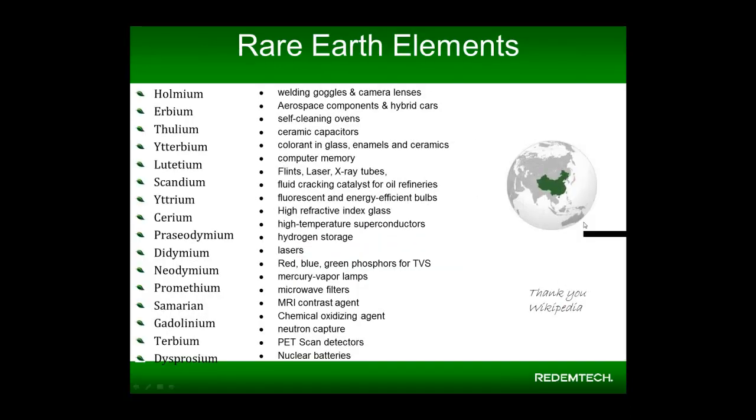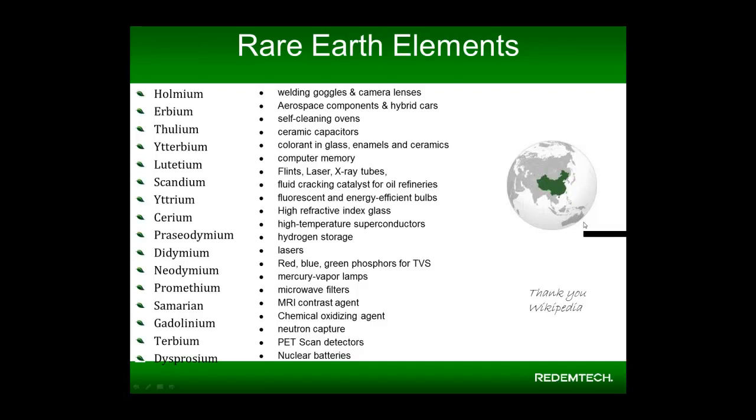Now, I can't even pronounce these rare earth elements. They're not the kind of thing we think about in our daily comings and goings. Cerium, yttrium, erbium, holmium. But if you look at the list on the right, these are things whether we know about them or not, they affect our daily lives, whether they are lasers that are used in surgery, lasers that are used in manufacturing, all kinds of medical devices, the things that make our cell phones vibrate, self-cleaning ovens.